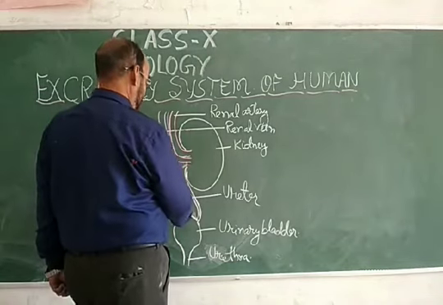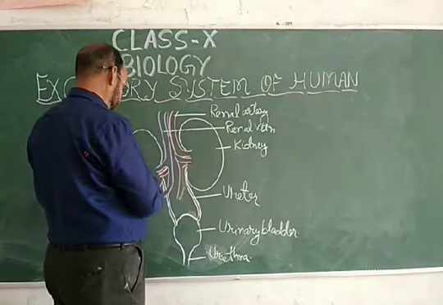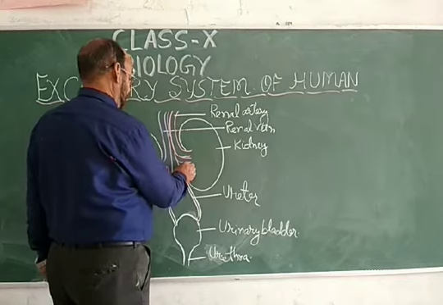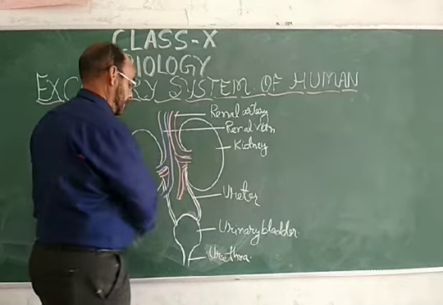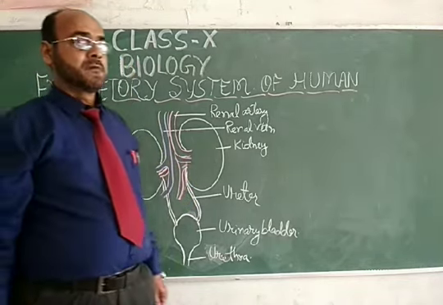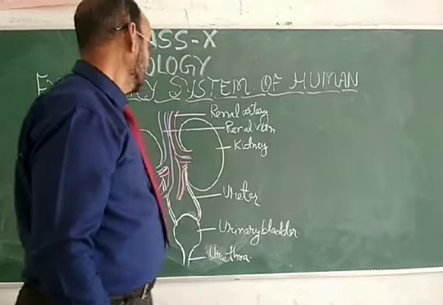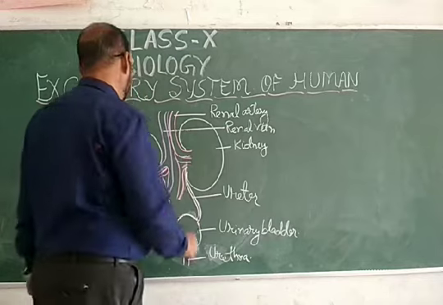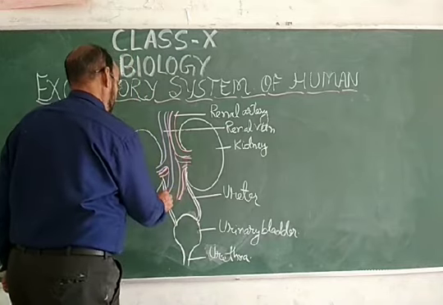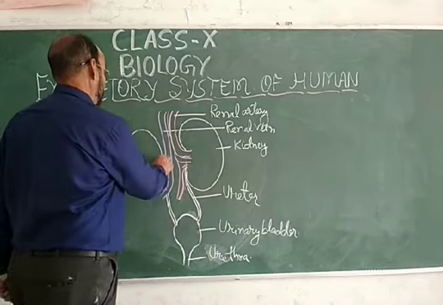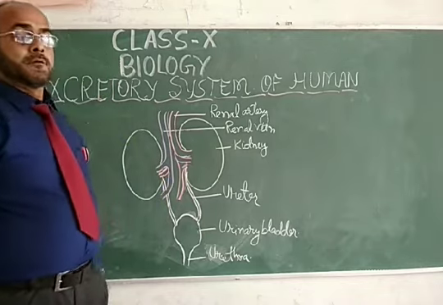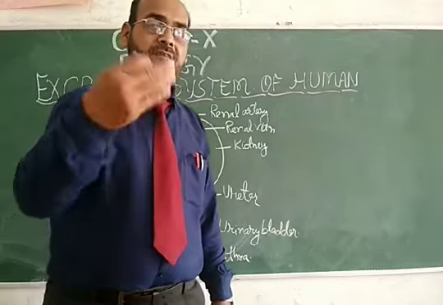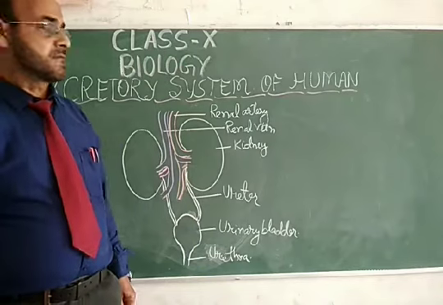Both kidneys are connected with the urinary bladder, which opens through the urethra for the purpose of excreting the nitrogenous waste.